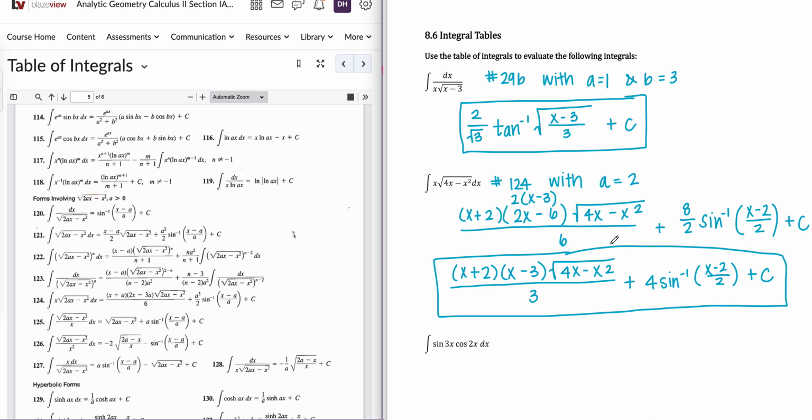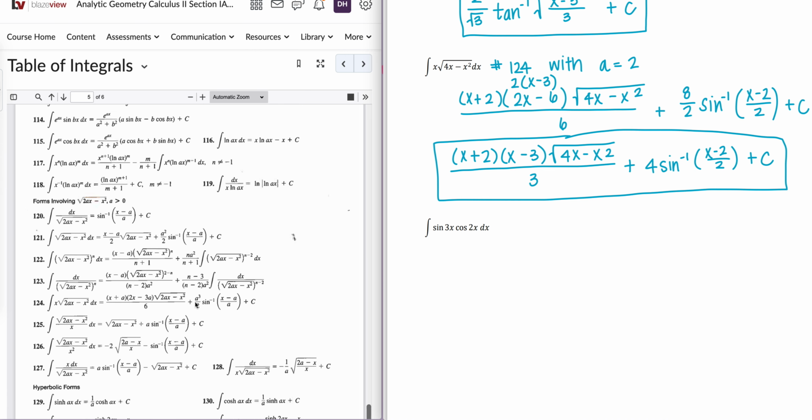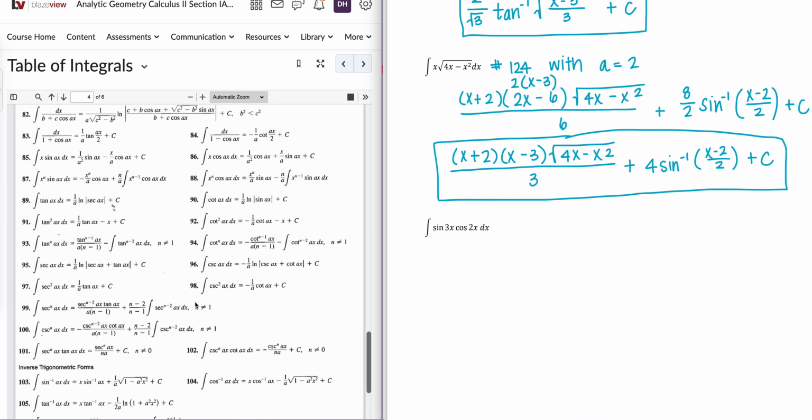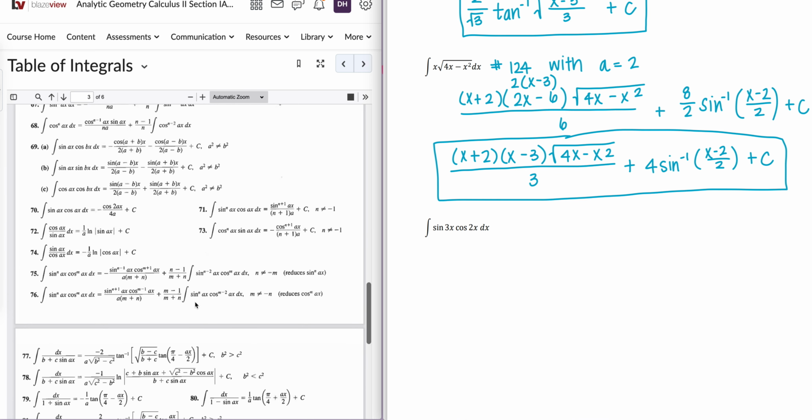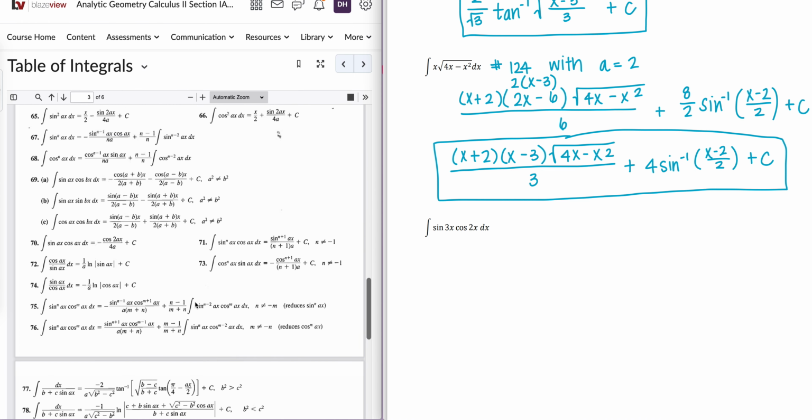Now we have one more here. It says sine 3x cosine 2x dx. So again, I'm going to go back to my table. And we're going to look for some formulas that have to do with trigonometry, and we are here.